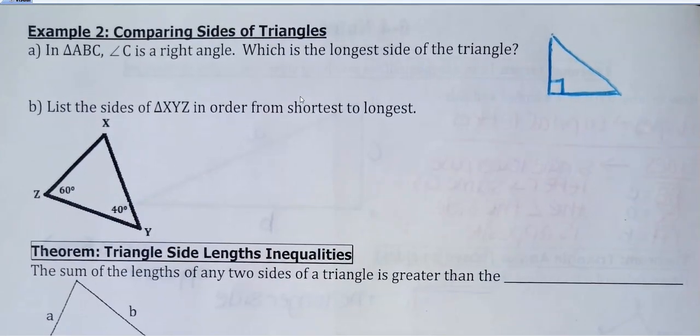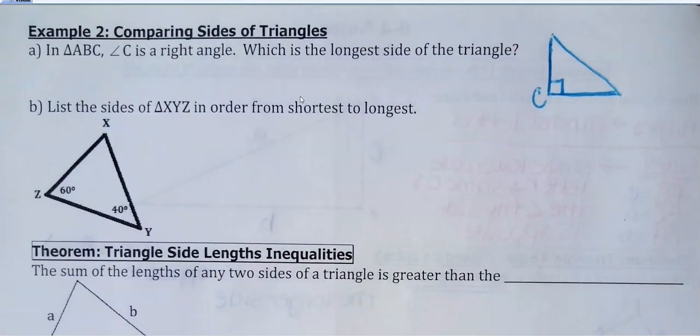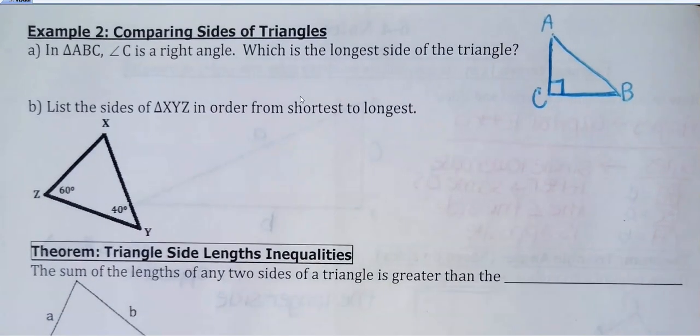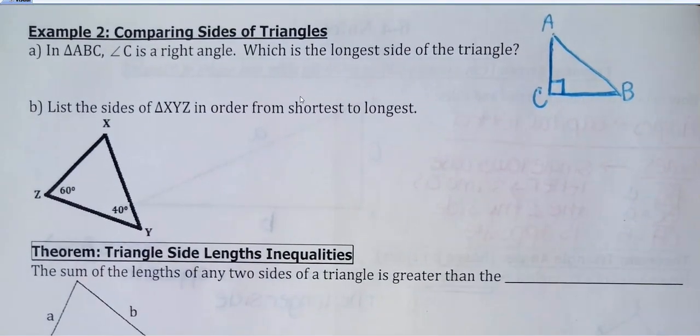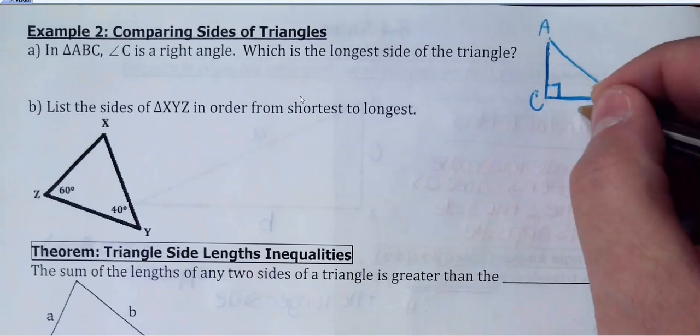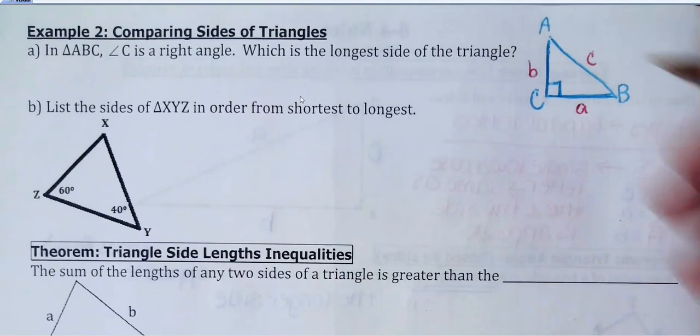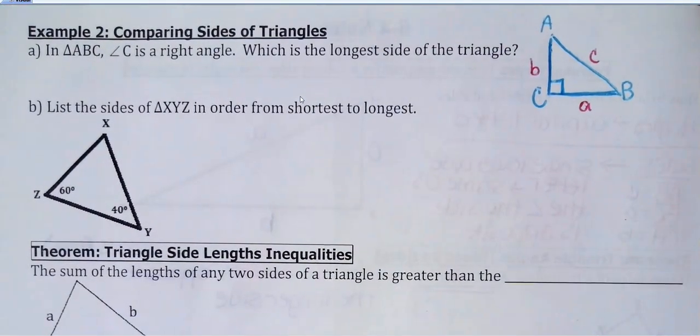That would make a right angle. And that's supposed to be angle C. Now, it doesn't matter. I'm just going to label the other two vertices A and B. You could switch that up if you wanted to. It wouldn't matter. So side A here would be across from angle A. Side B would be across from angle B. Side C would be across from angle C.